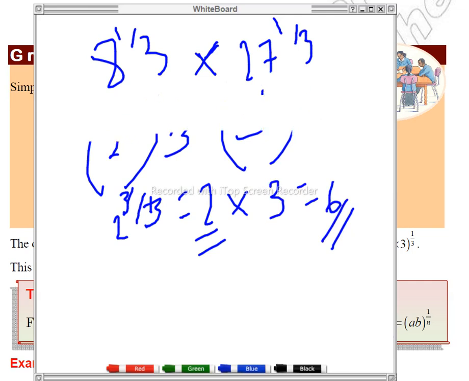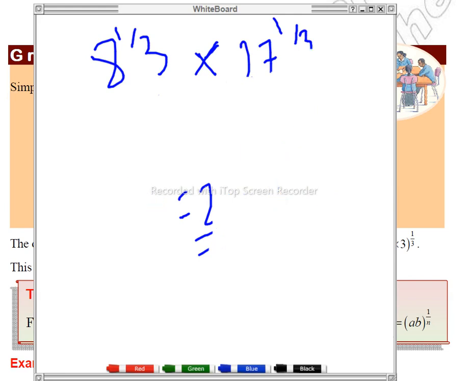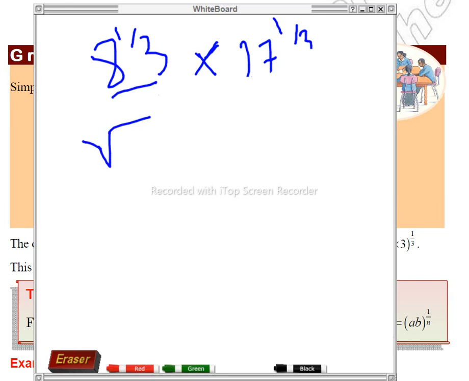In other way, we can also do it in a simple way. This means the same as cube root of 8 times cube root of 27.